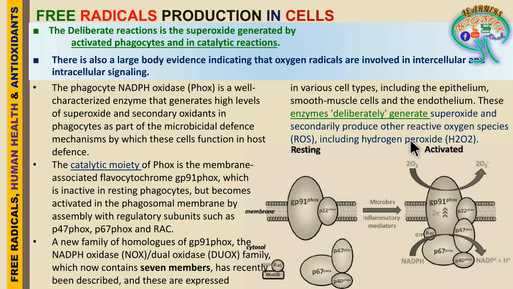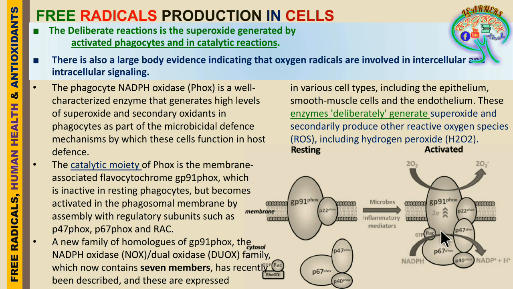Now these are going to form the assembly when there is microbial influence. Because of that, this assembly is going to form and be initiated by the phagocyte NADPH oxidase FOX.